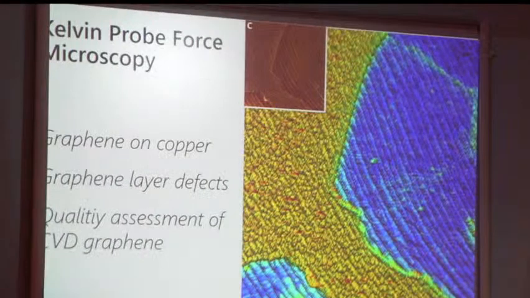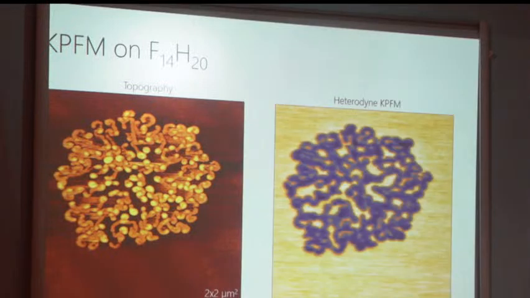If you are interested in measuring the work function of the sample, or you are working on solar cells where you want to measure the efficiency, then you can perform Kelvin probe microscopy, showing the work function of the sample at a particular area or point. That is also possible to measure. These are some examples of Kelvin probe microscopy showing the work function.